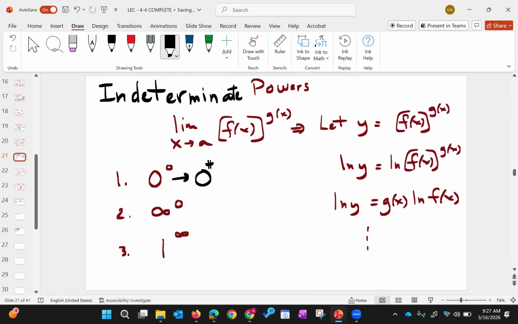So the base went to 0 a lot faster. It's going to be 0, isn't it? Who cares what the power is? It could be 5 million still, but 0 to the 5 million power is still 0, because the base outwent. So in this case it's going to go to 0.